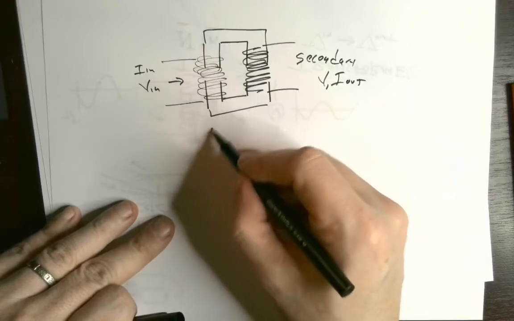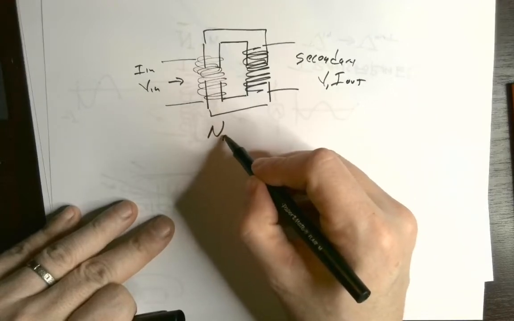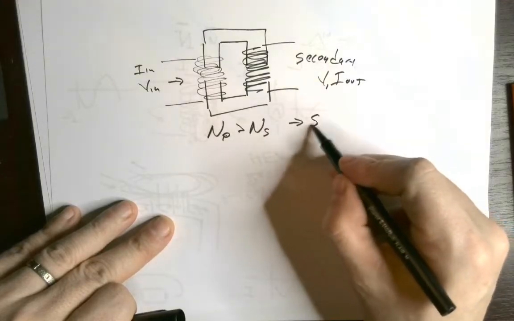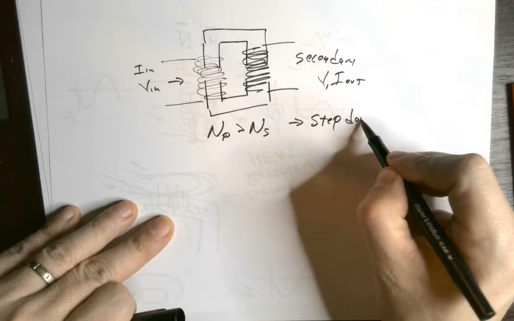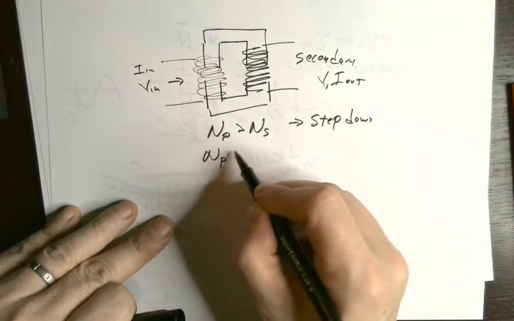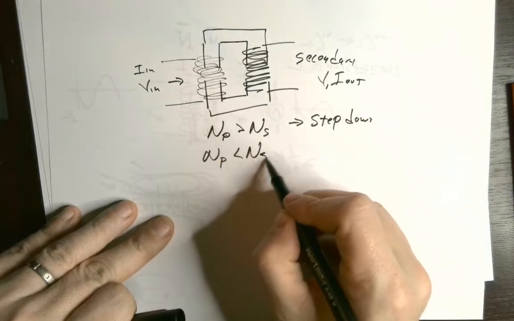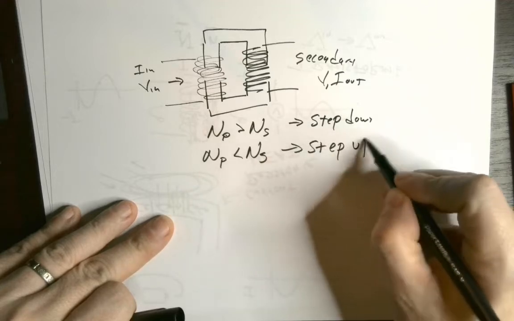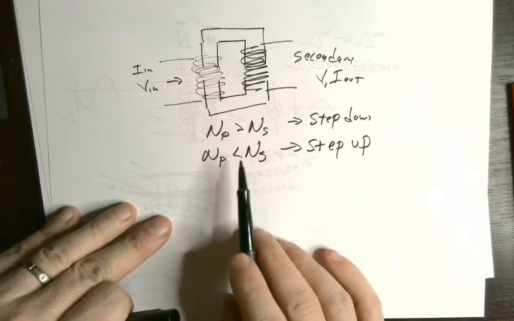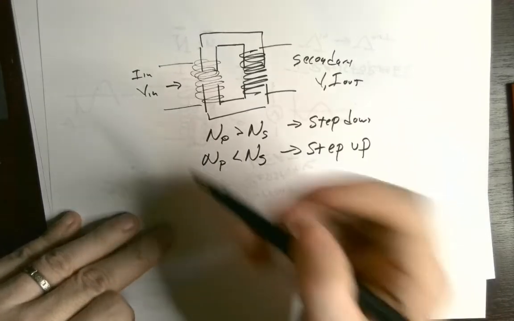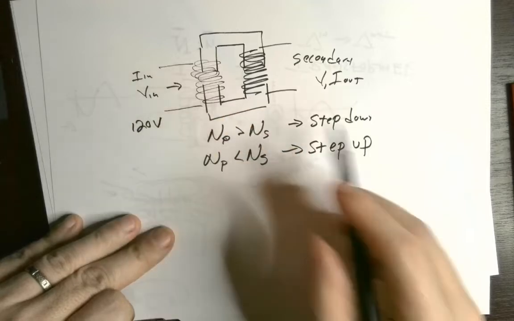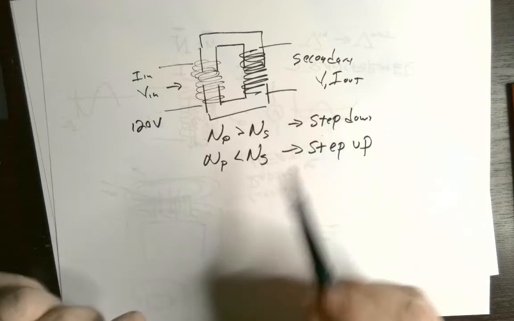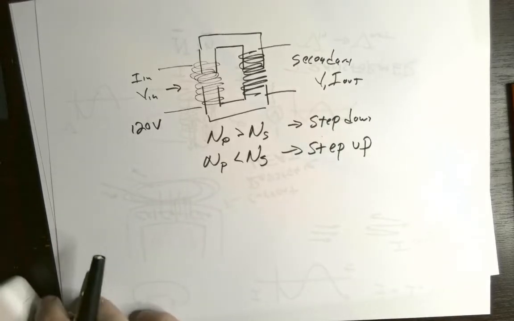And if N of the primary is greater than the N of the secondary, it'll step down the voltage. If N of the secondary is greater than N of the primary, it will step up the voltage. So we have step-up transformers and step-down transformers. Usually in your house, you're stepping things down from 120 volts, say, at the wall to usually 9 or 12 or 15 volts at the device.